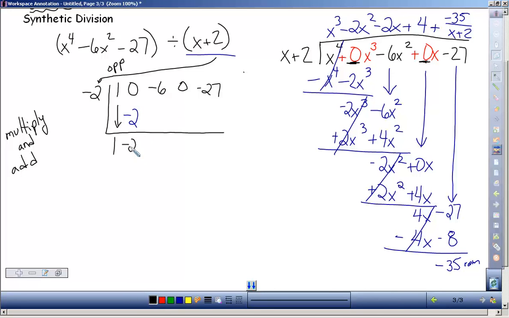Add. 0 plus -2 is -2. Multiply. -2 times -2 is 4. Add. -6 plus 4 is -2. Multiply. -2 times -2 is 4. Add. 0 plus 4 is 4. -2 times 4 is -8. -27 plus, we're adding, -27 plus -8 is -35.